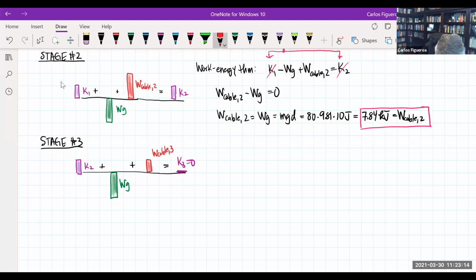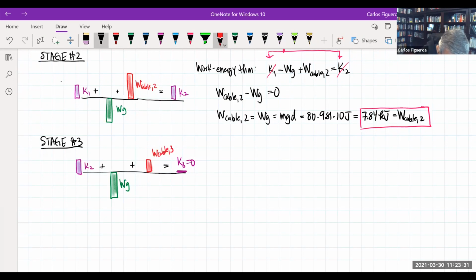So you could see that 2 minus 1 is going to give me 1 negative, and that's what kills off the kinetic energy. So by drawing these bar diagrams, we're actually writing down mathematical equations.